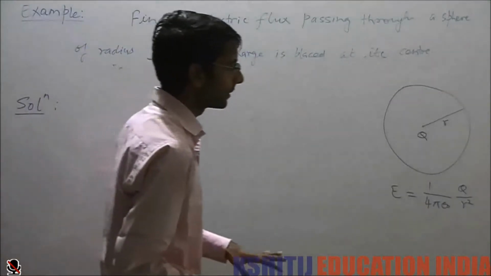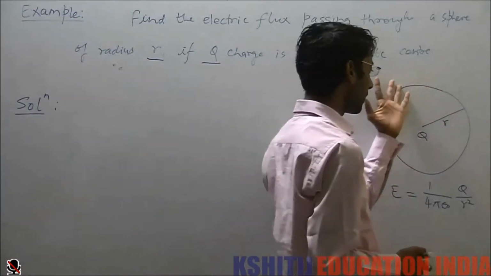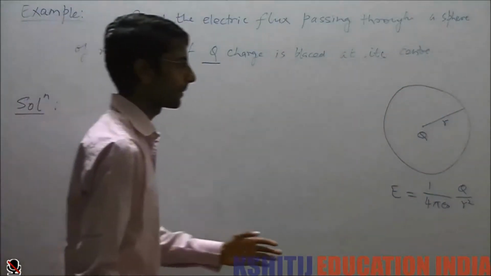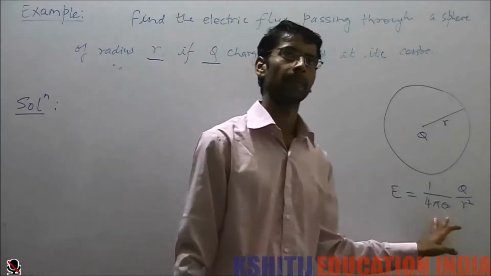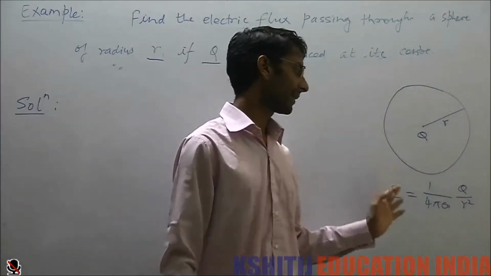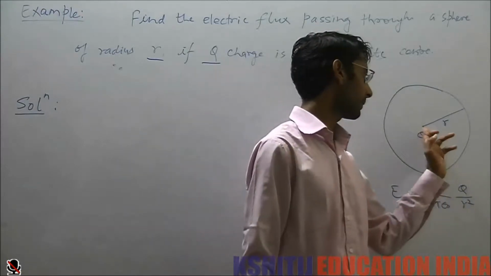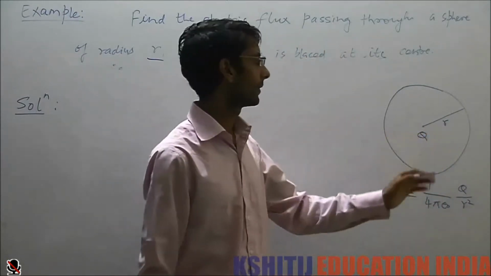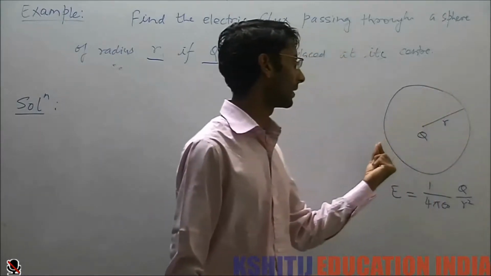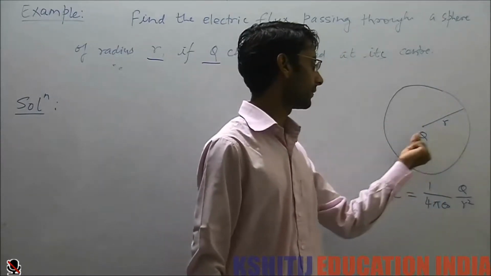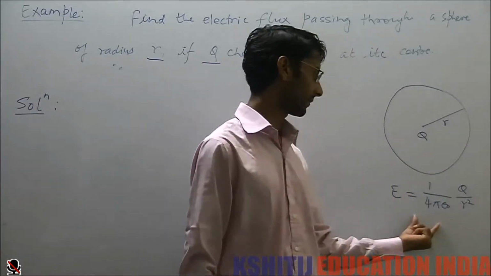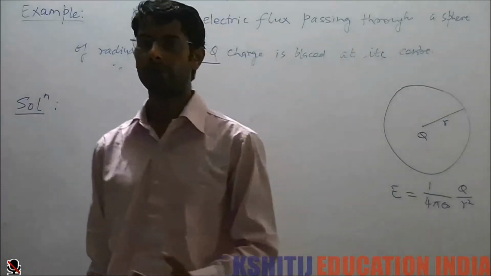Now, in this sphere, at all the points on the surface, we will have the same electric field, because all the points of this sphere are equidistant from the center where the charge has been placed. So all the points will be at r distance from the charge, and at r distance we have this amount of electric field as far as the magnitude is concerned.